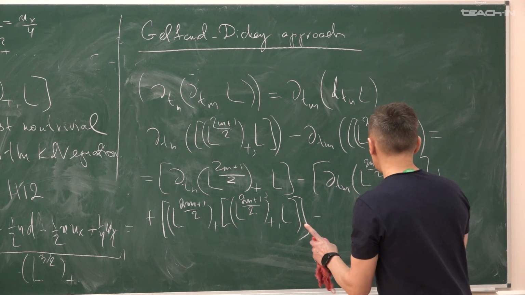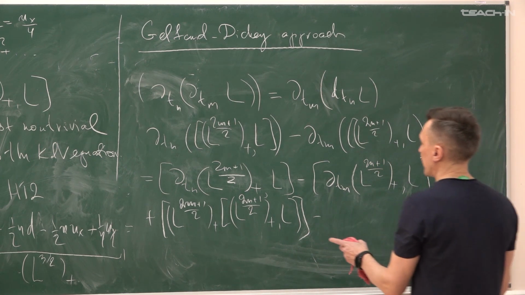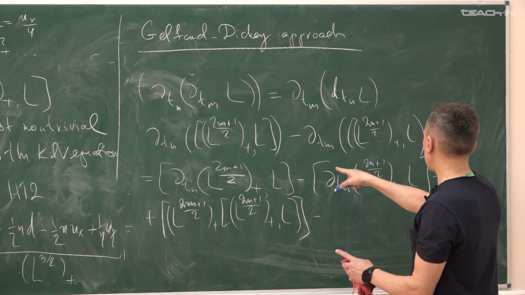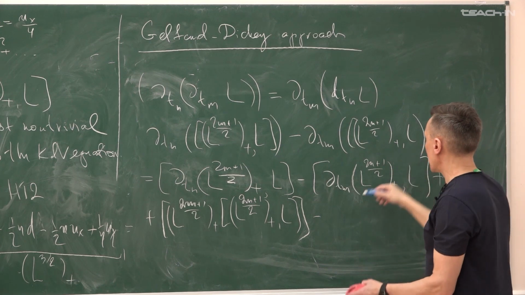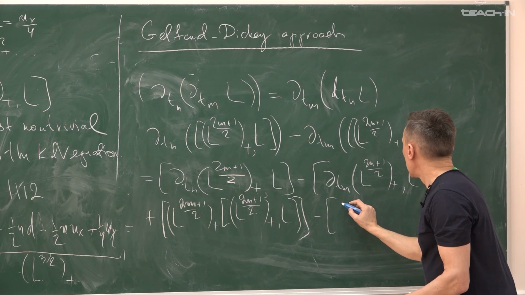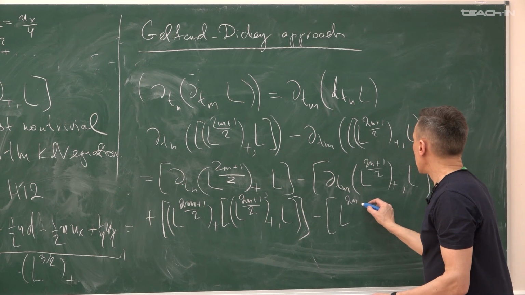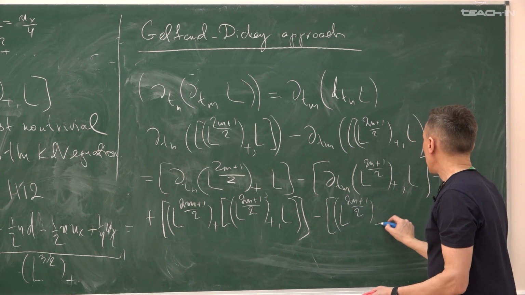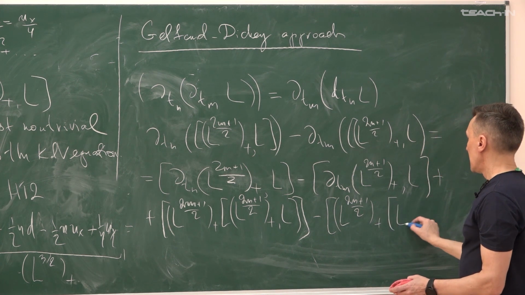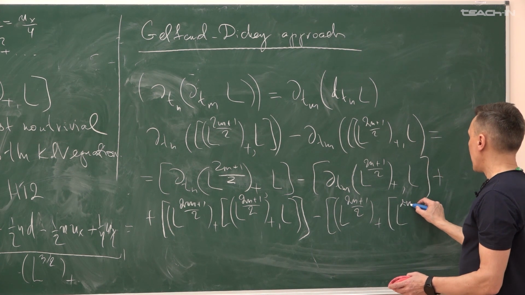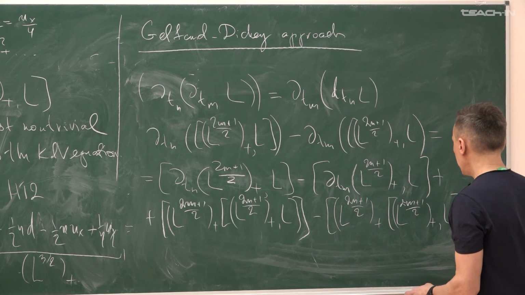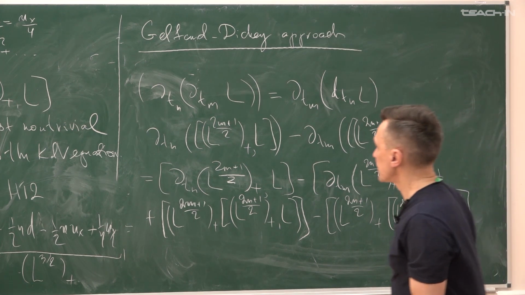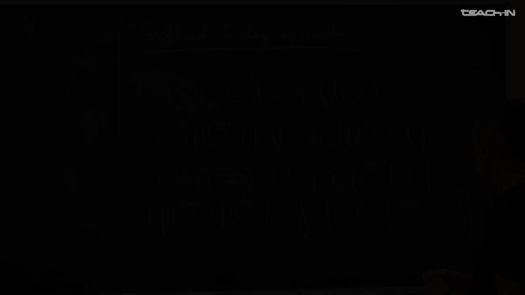Okay, just a moment. Yes, and now I have to apply differentiation of tm to this L. So it is L^((2n+1)/2)_+, and here it is L^((2m+1)/2)_+ applied to L in the second commutator.